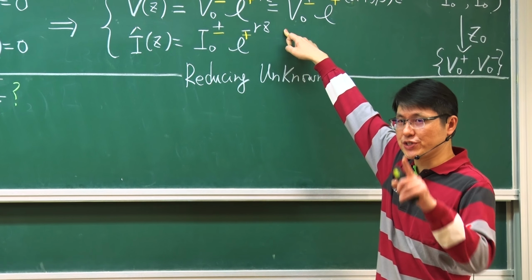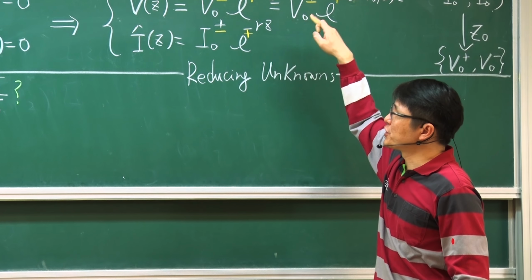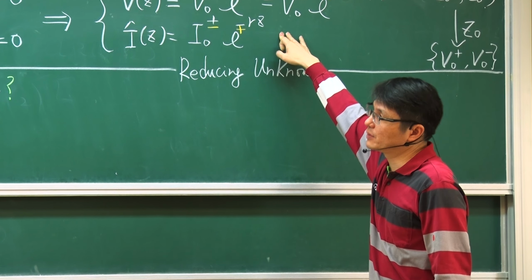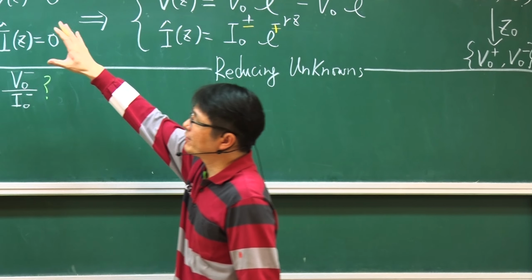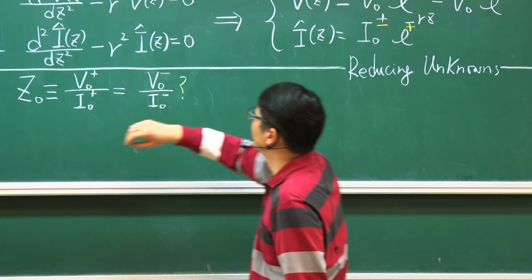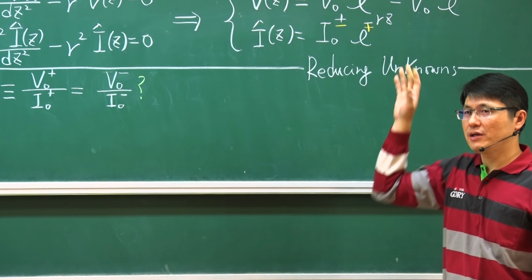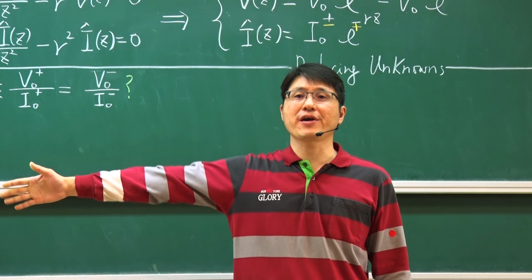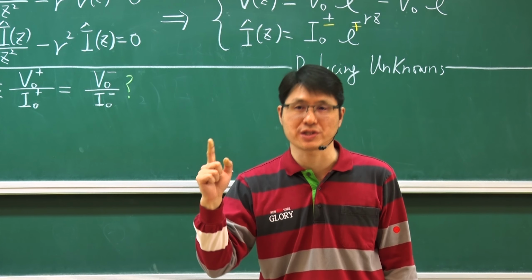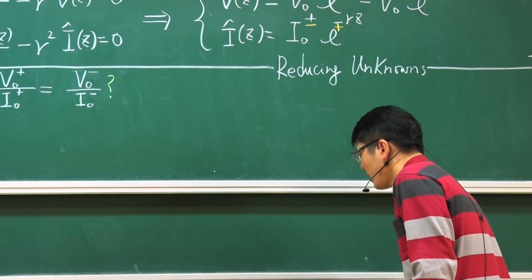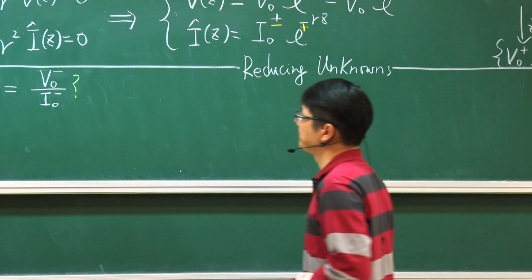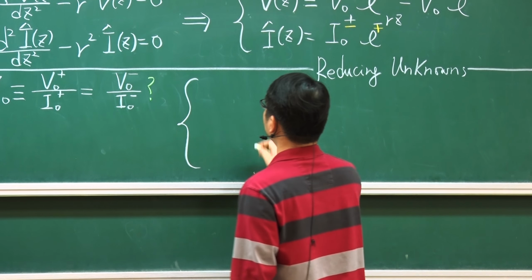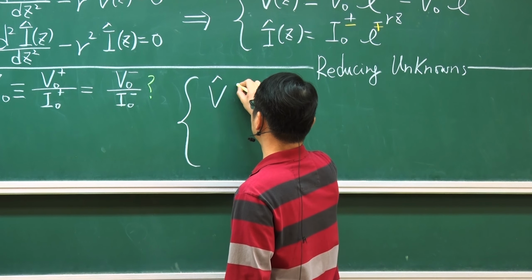This is the position I should start. This is the generalized solution form, right? I have the wave equations and I have the solution forms. If I have the solution forms, I should start from there and try to really find my solutions. Okay, so where do I start? From here, I can somehow write V(z).